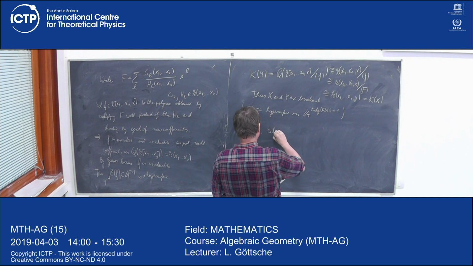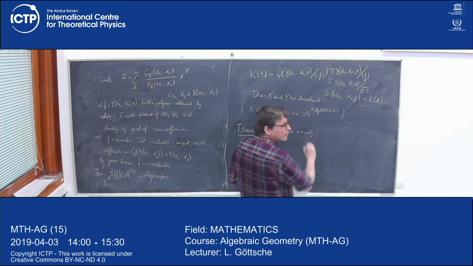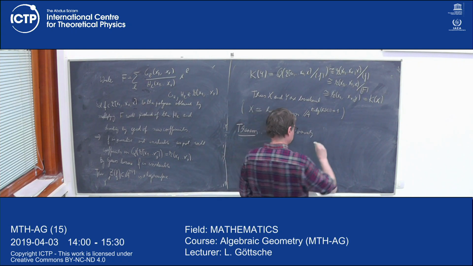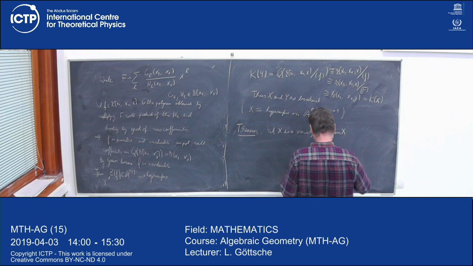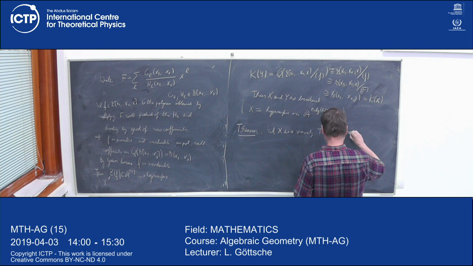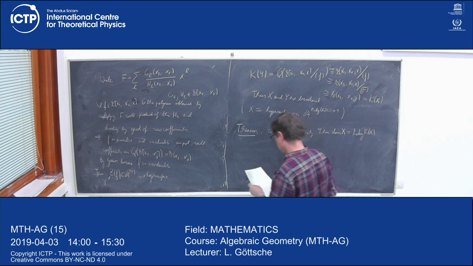Let X be a variety. Then the dimension of X is equal to the transcendence degree of k(X).